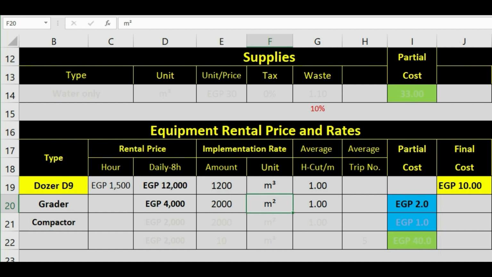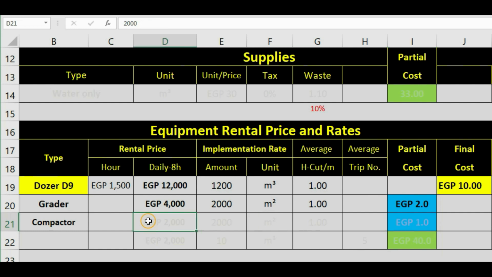It means that 4,000 Egyptian pounds over the implementation rate gives the cost of 1 square meter of grading, which is 2 Egyptian pounds.